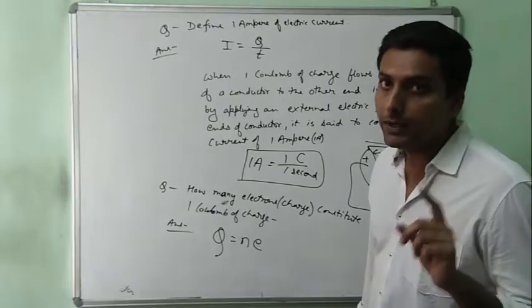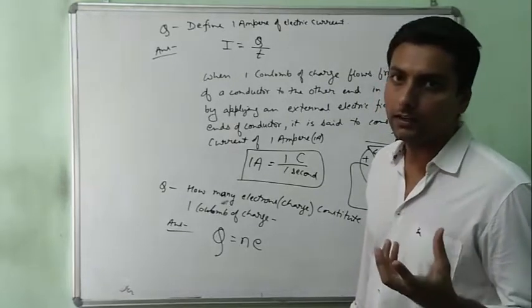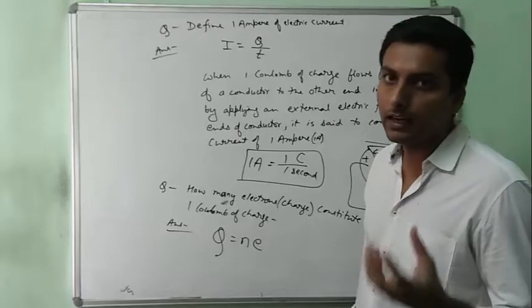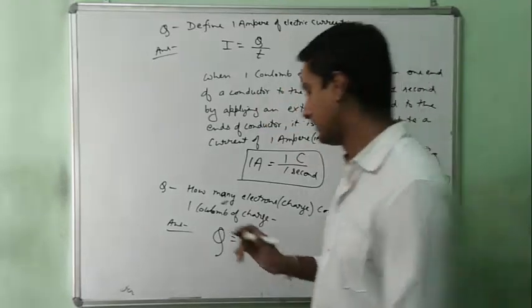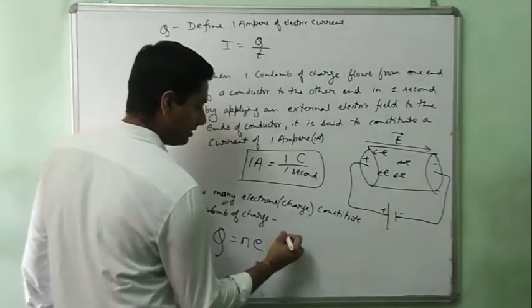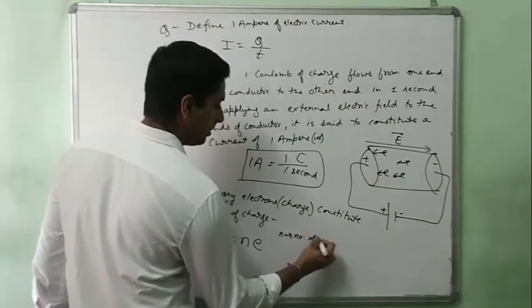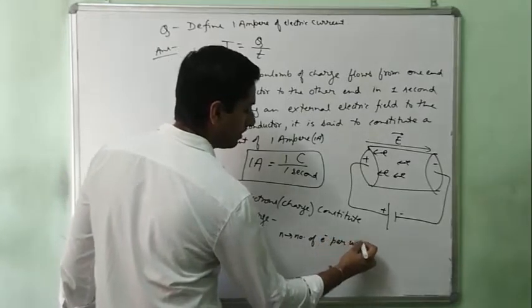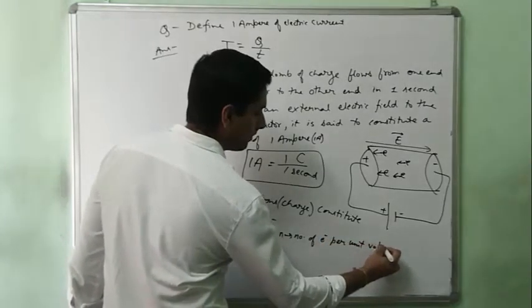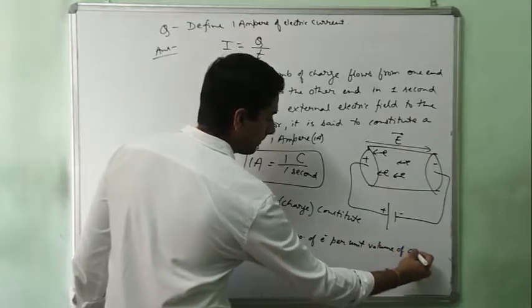यानी कि 1 मीटर क्यूब वॉल्यूम पे कंडक्टर के 1 मीटर क्यूब वॉल्यूम पे कितने इलेक्ट्रॉन्स हैं, that is the number n, right? So n is number of electrons per unit volume of conductor.